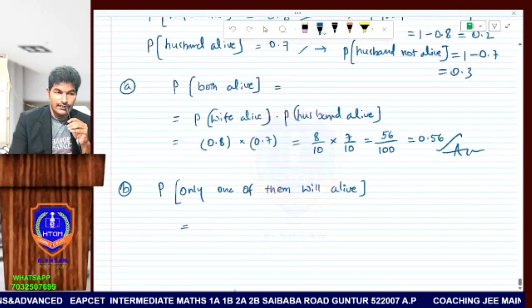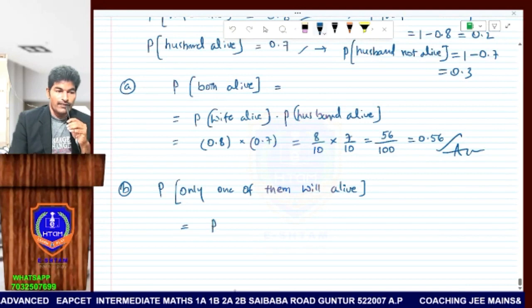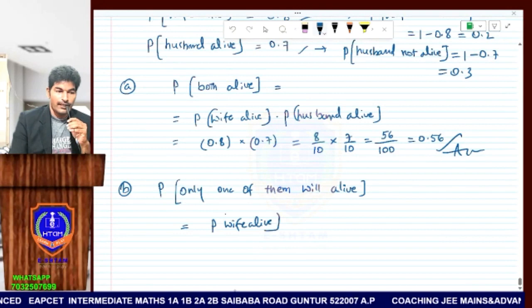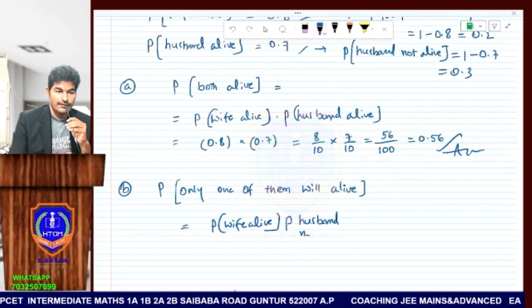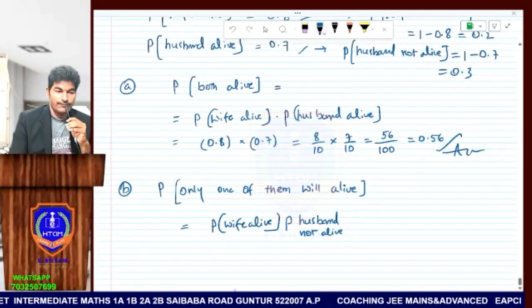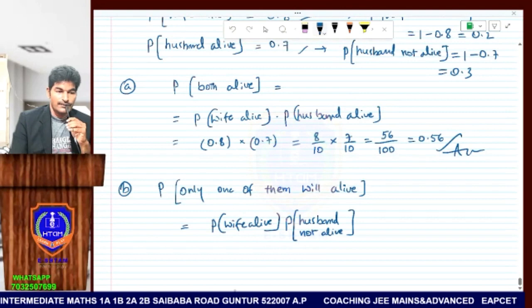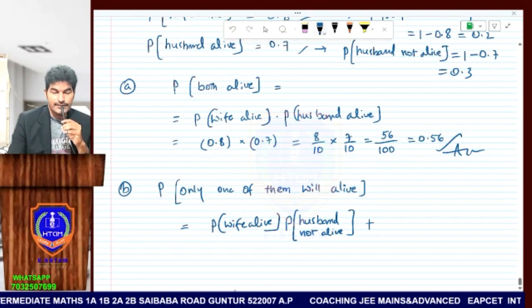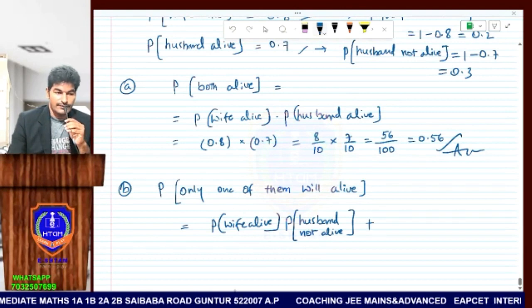So this is a case of wife alive and husband not alive. In this situation, only the wife will exist and the husband doesn't.